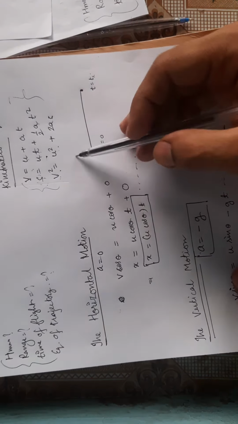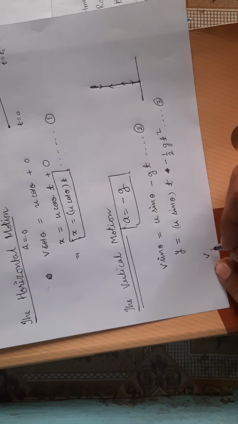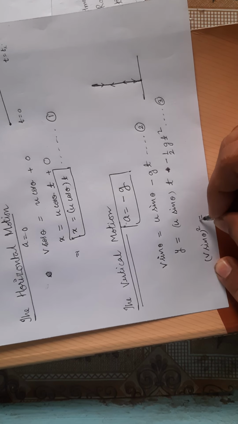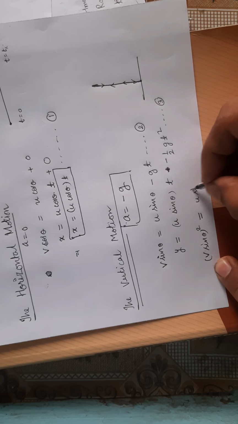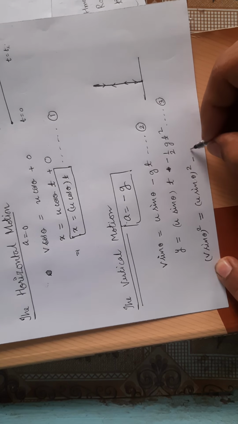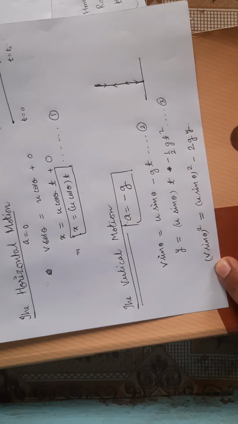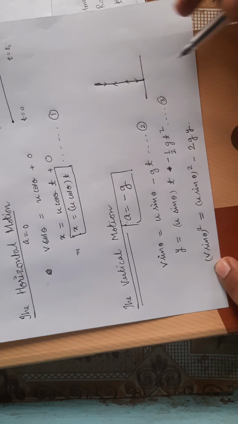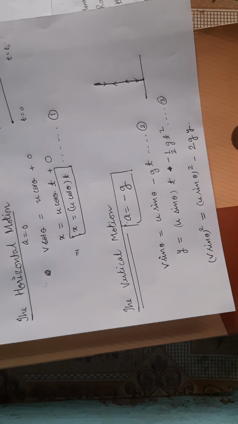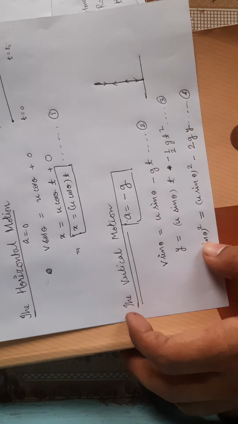And the last one, v square is equal to u square plus 2as, which can be written as (v sin theta) whole square equals (u sin theta) whole square minus 2gy, because s is the displacement in the y direction, so we take s as y. Name this equation number 4.